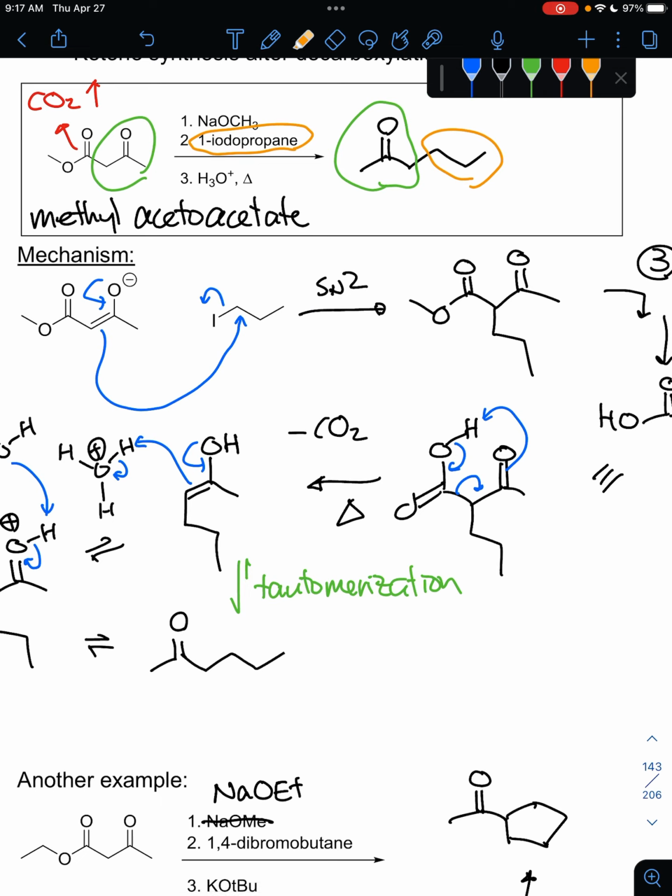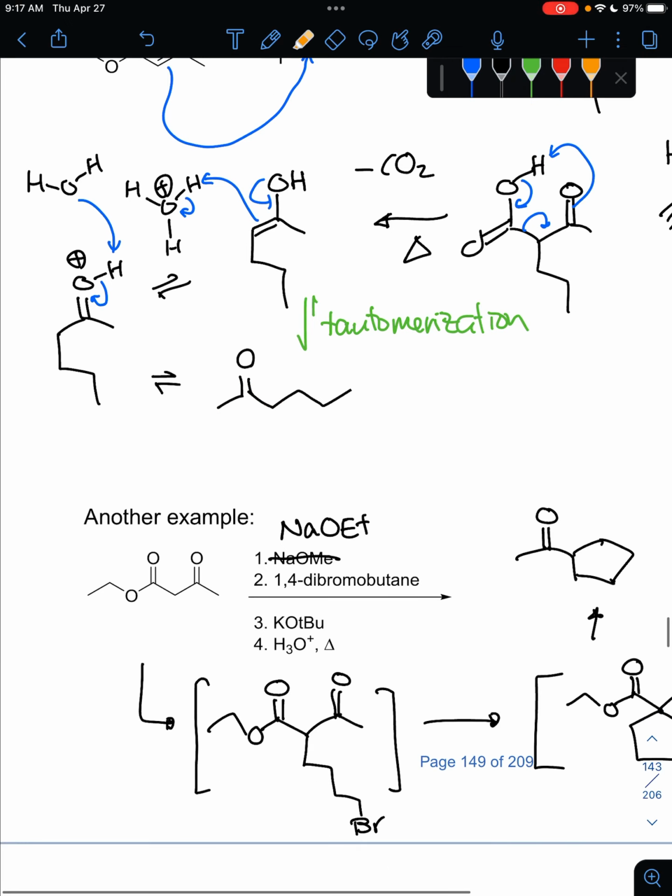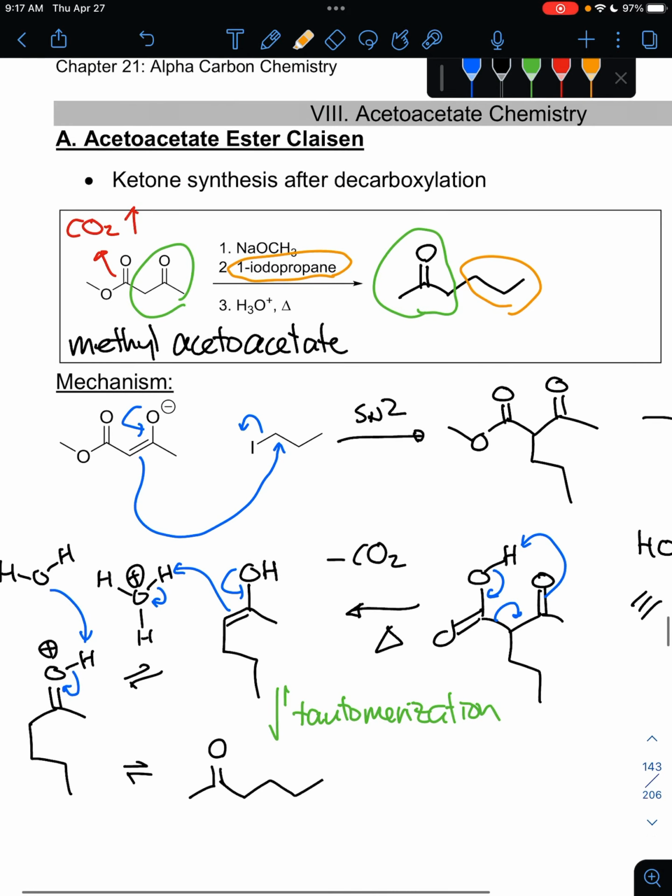And so for that reason, this sort of electrocyclic reaction happens to eliminate carbon dioxide, which is right here. That would leave an enol. This enol readily tautomerizes to the keto form, and that would be the product.